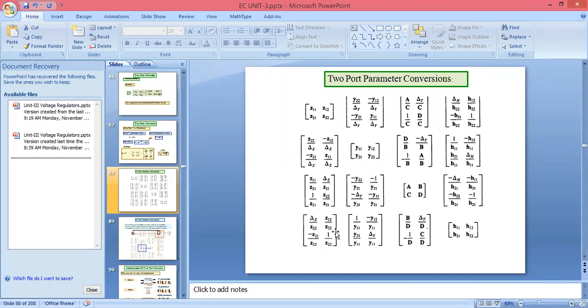We are having the types of parameters, so we will get these equations: Z parameter, Y parameter, ABCD, inverse ABCD, hybrid, inverse hybrid. That means we will get six parameters actually. So you can convert any parameter into another parameter like this.